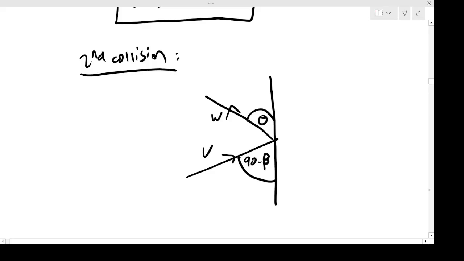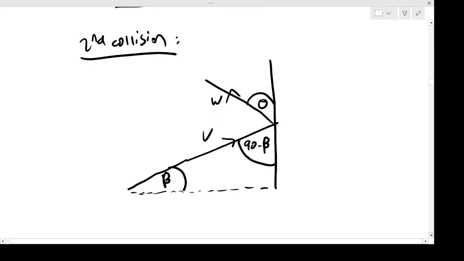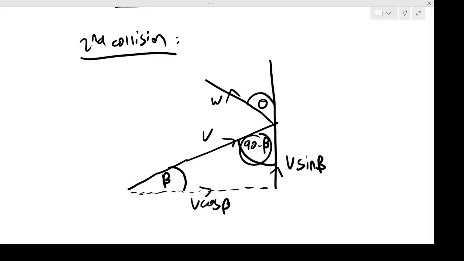However, remember, if I do the first wall like this, I should be avoiding using 90 take away beta, because this angle is going to be beta. So I can say that this component is v cos beta, and here is v sine beta. I'm avoiding the more complicated angle because I'm just going to stick with beta.